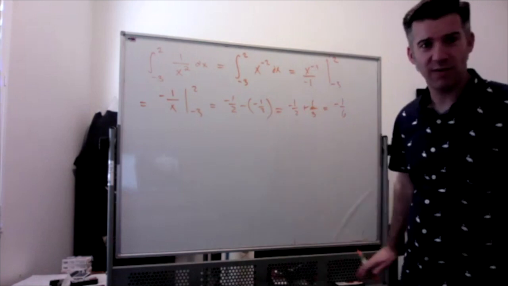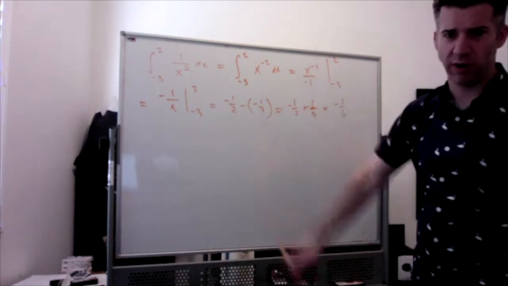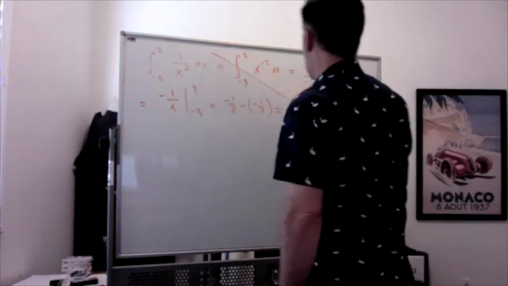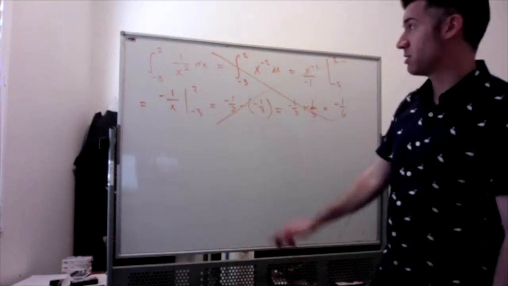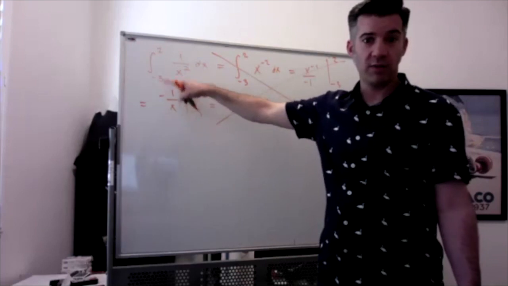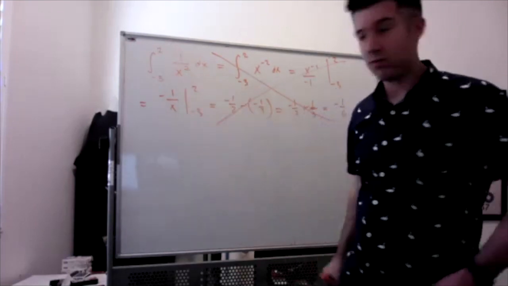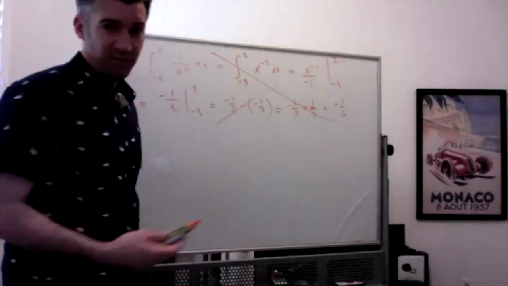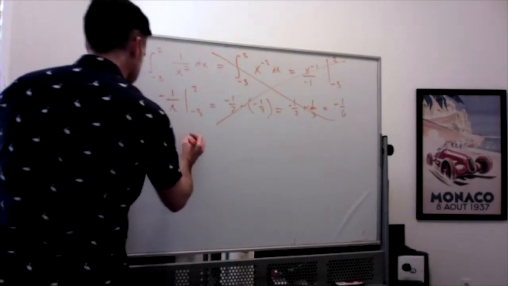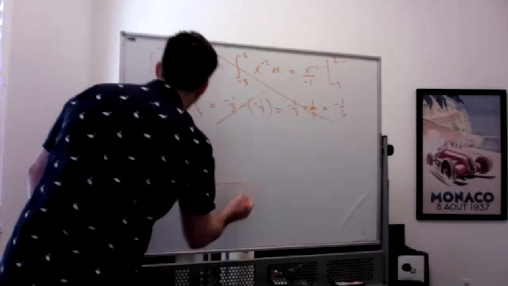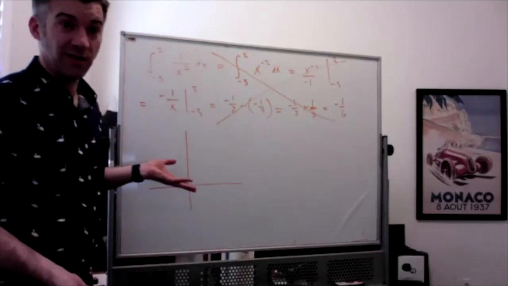No, none of this is right. Everything I just wrote was total garbage. The reason it's total garbage is because this function is undefined somewhere on this interval, right? In fact, I shouldn't be able to get a negative answer here, because if we take a look, 1 over x squared is always positive.